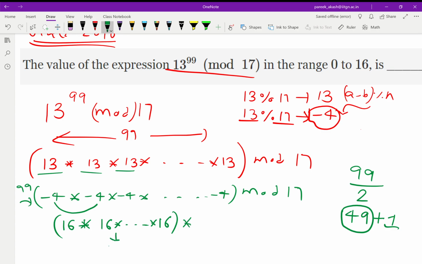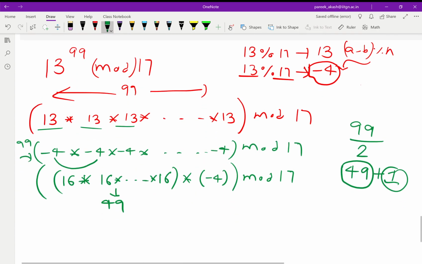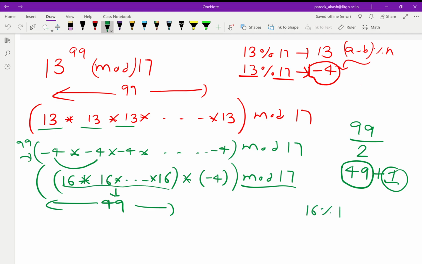So this is 49 times 16 into 1 times minus 4, because we have one left, and this whole thing is mod 17. Now suppose I apply the mod again in this portion. What will be 16 mod 17?